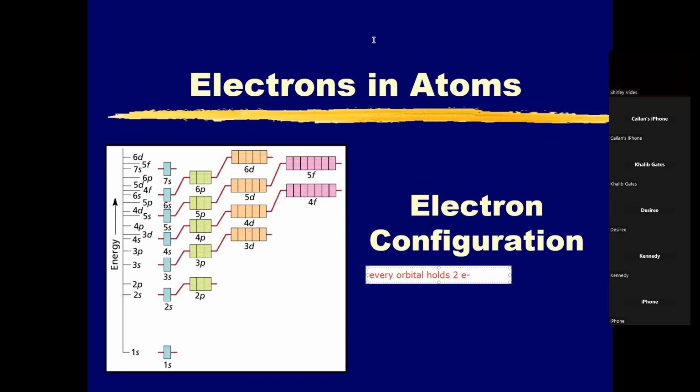All right, so like I said, every orbital holds 2 electrons. Now, depending on the type of orbital, or the sublevel, I should say, because electron sublevels are either S, which can hold 2 electrons maximum.